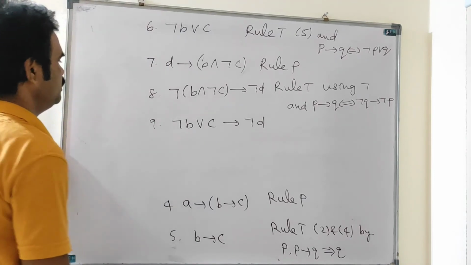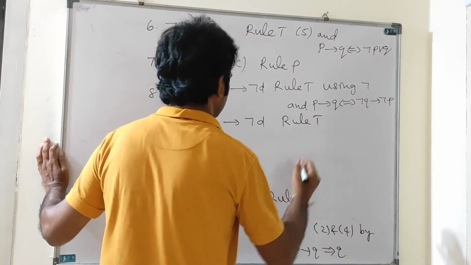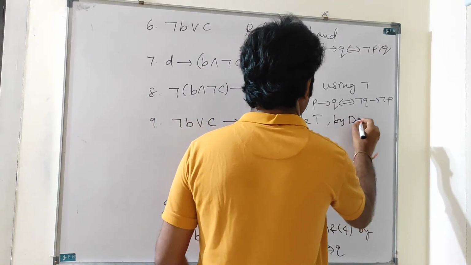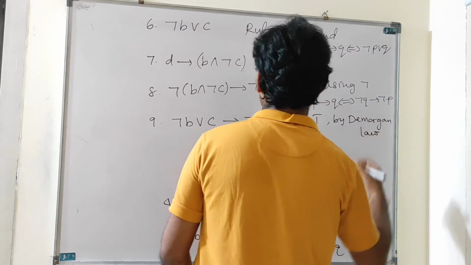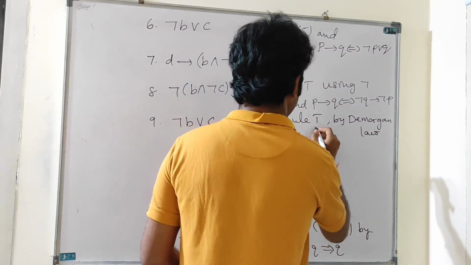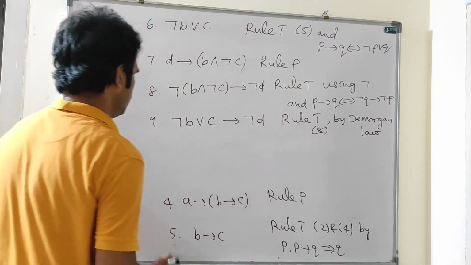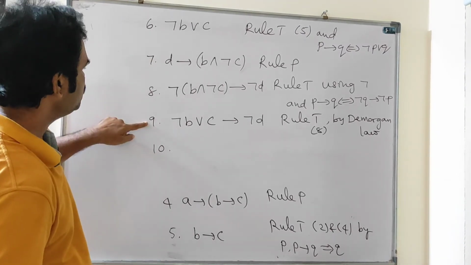Okay. Rule T using 8 by De Morgan law. See the next step. See the 6th and 9th one.